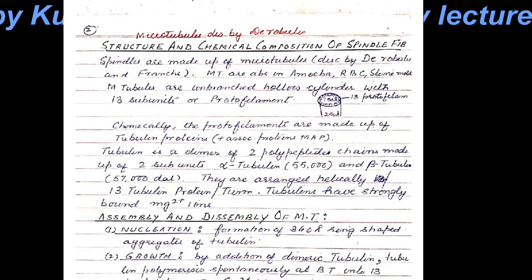Then come to the structure and chemical composition of the spindle fibers. The spindle fibers are made up of microtubules, and microtubules, as I taught you in regular classes, were discovered by De Robertis, and they are absent in certain cells like amoeba, RBCs, and slime molds.